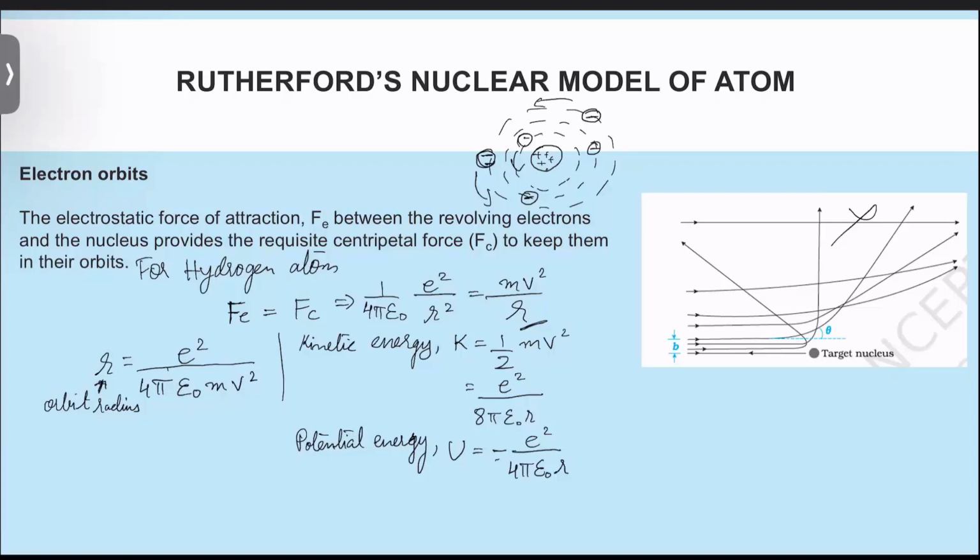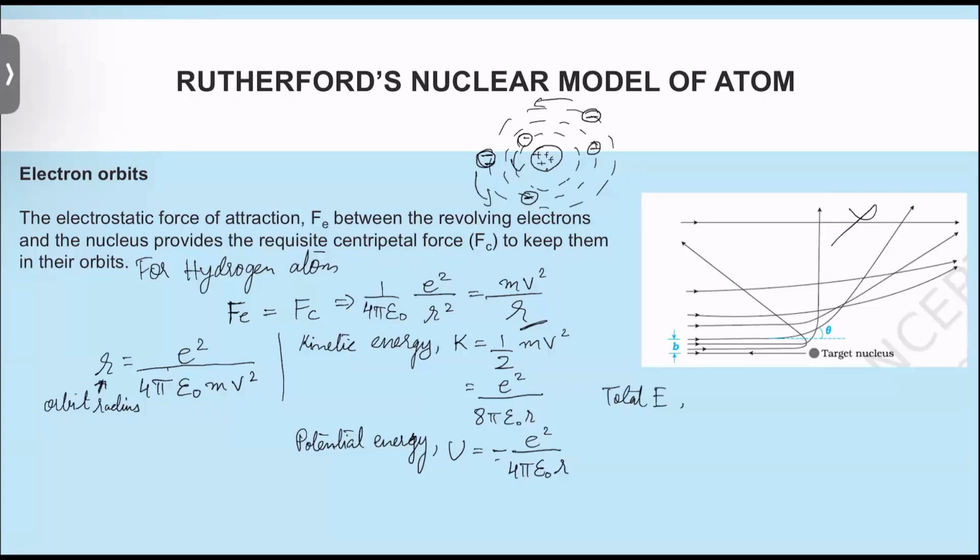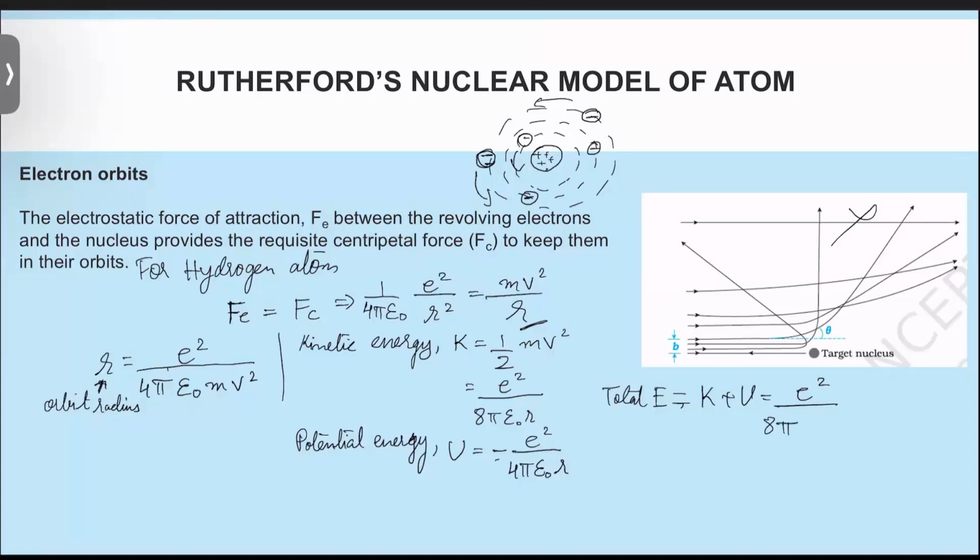Now if you want to find the total energy of the electron in such a hydrogen atom, total E is equal to K plus U. That is going to be e square by 8 pi epsilon 0 r minus e square by 4 pi epsilon 0 r.